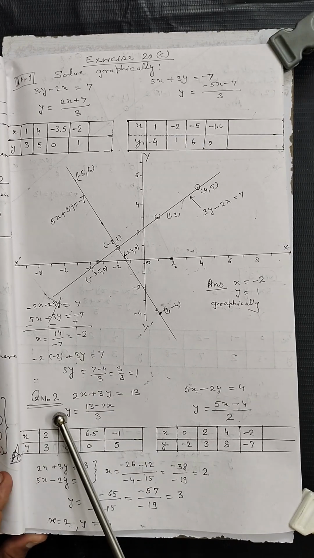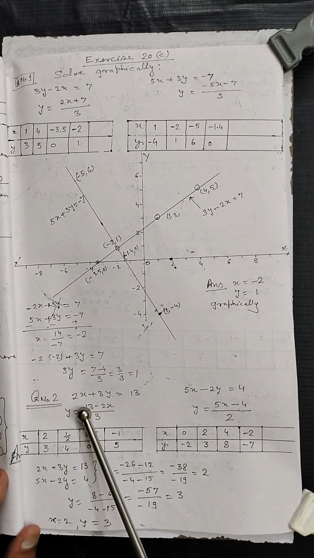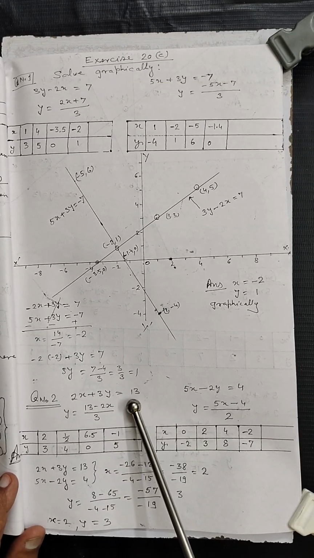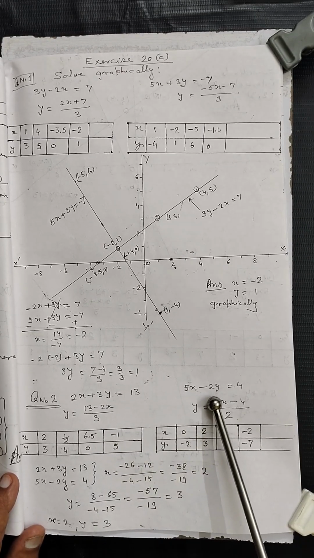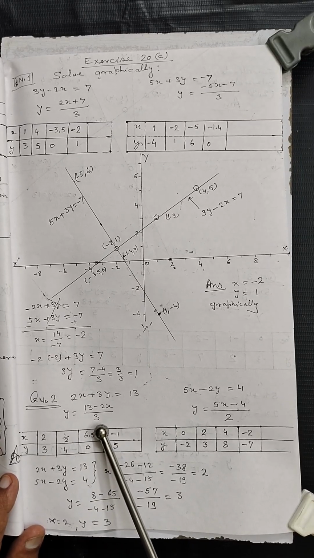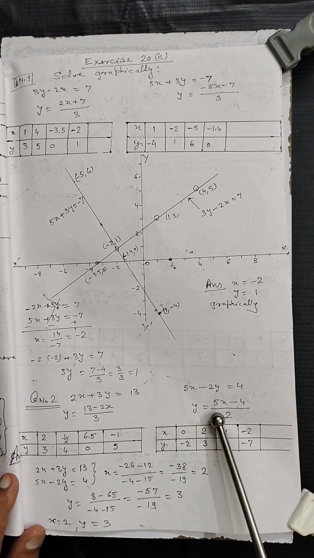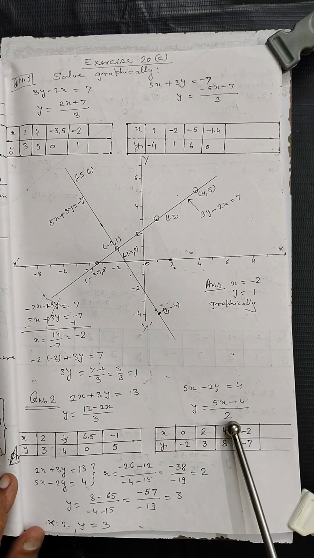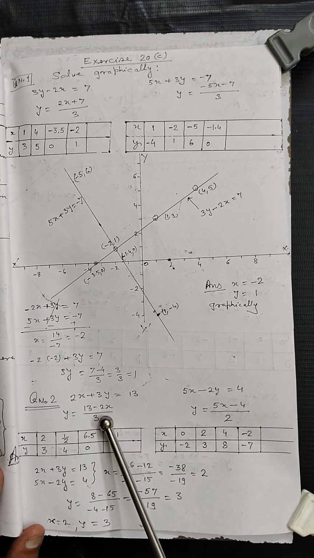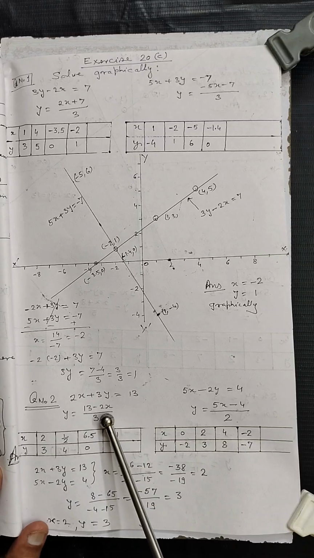Now come to question number 2, that is 2x plus 3y equal to 13, and 5x minus 2y is equal to 4. So y will be equal to (13 minus 2x) by 3. Here y will be equal to (5x minus 4) by 2. Now again you have to choose convenient values of x and y.